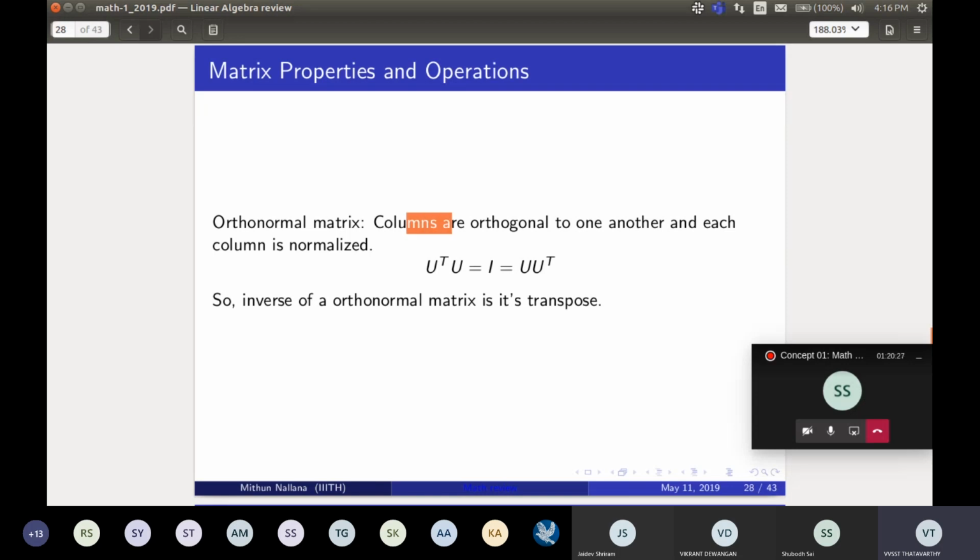Now, if the columns are orthogonal to one another and each column is normalized, then U transpose U will give you an identity. So the inverse of an orthonormal matrix is just its transpose. From this definition, U transpose U equals I, and you can take U to that side and get U inverse equals U transpose.